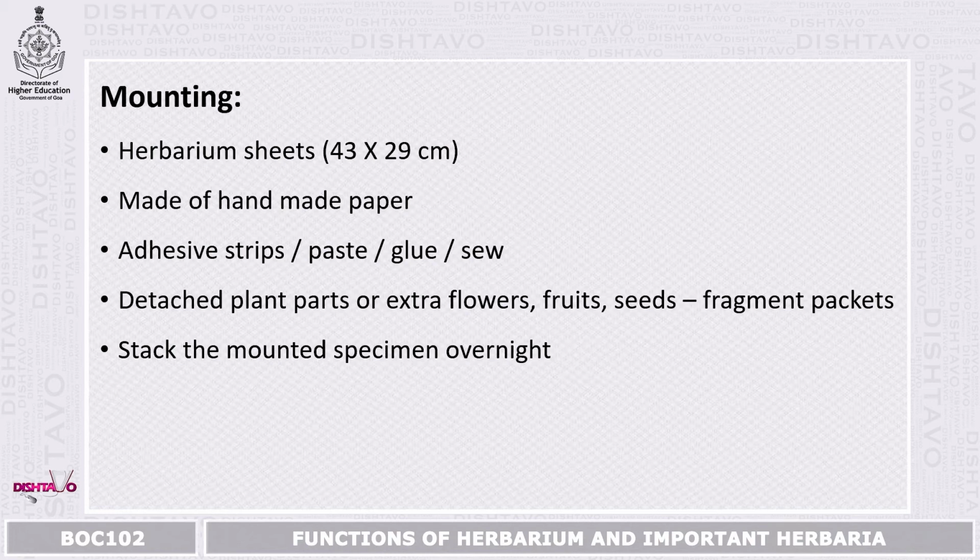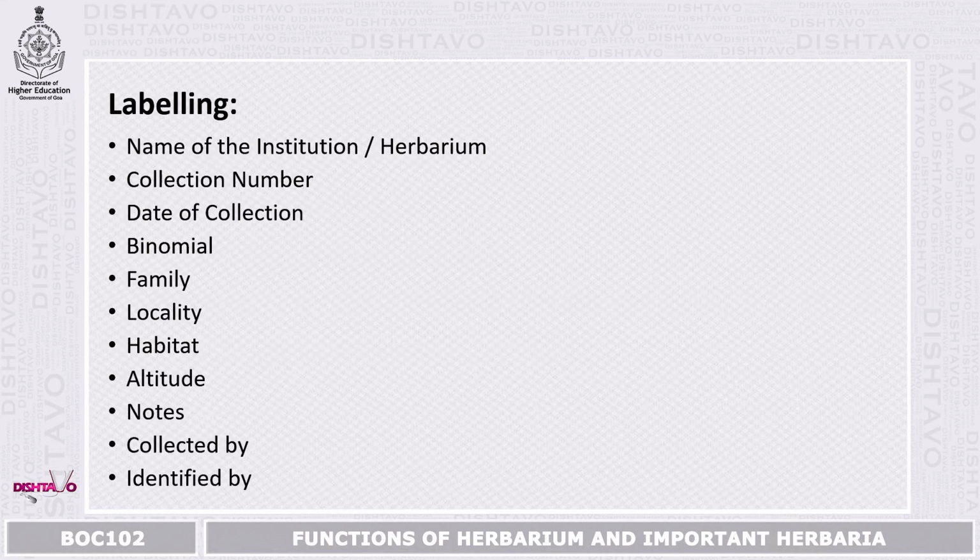After mounting the specimen onto the herbarium sheet, the specimens are stacked overnight. Once the specimen is mounted onto the herbarium sheet, a label is given to the herbarium sheet.